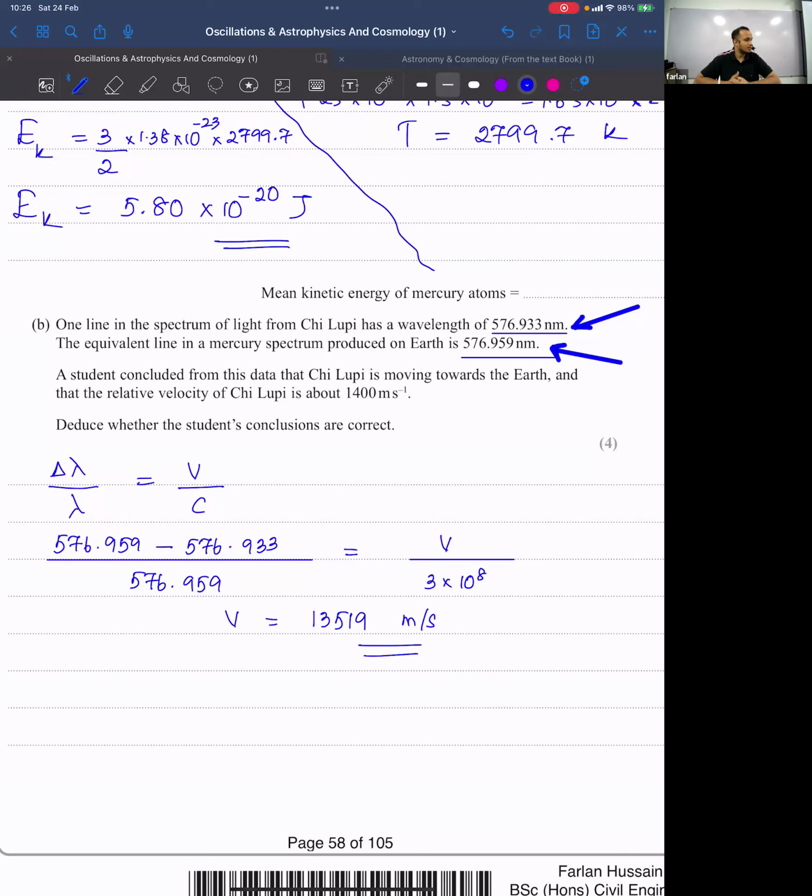To be on the safe side, also mention that we say it's moving towards us based on the observed wavelength being lesser than the actual wavelength. Mention that: the observed wavelength is lesser than the actual wavelength. It's a blue shift, actually, yes.